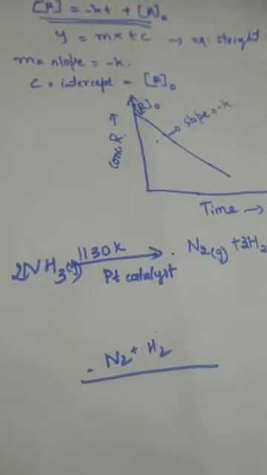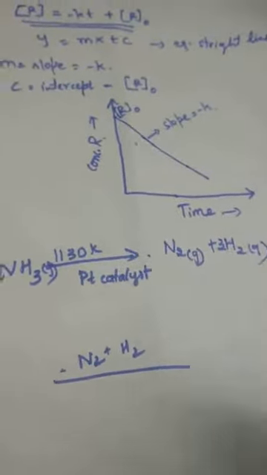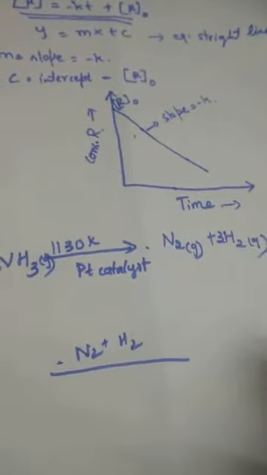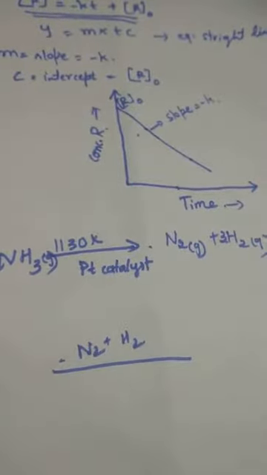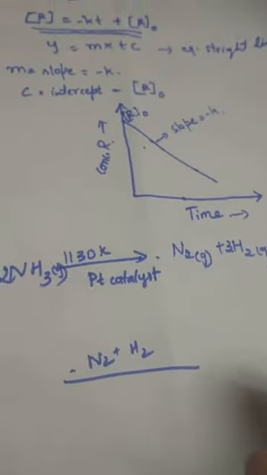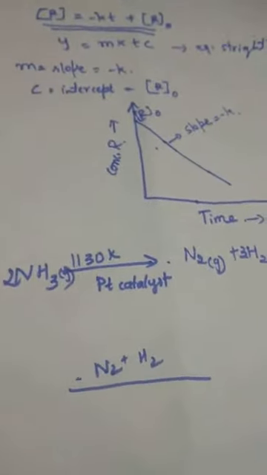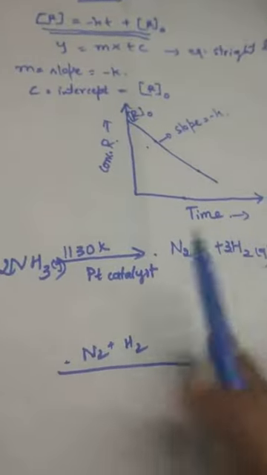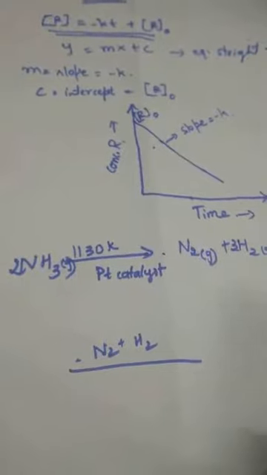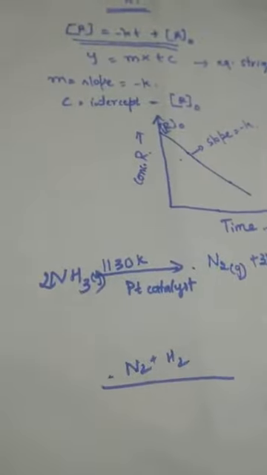Okay, at this stage the reaction is in the zero order stage. It means here the rate of reaction does not depend on the concentration of ammonia, because the metal surface is already saturated with nitrogen and hydrogen gas molecules, so even if we change the concentration, the rate of reaction does not change.